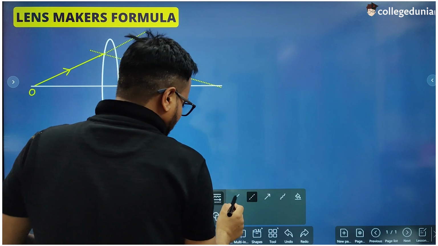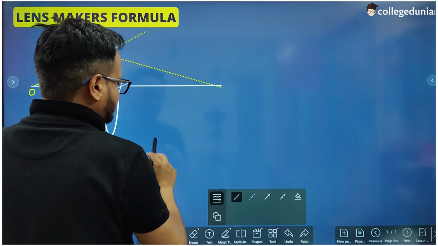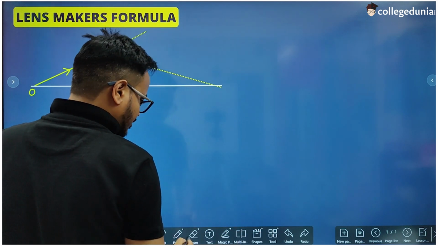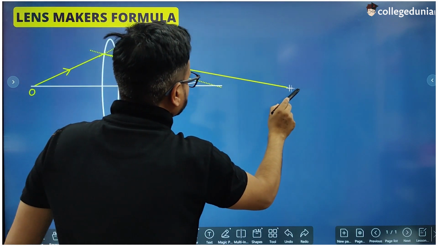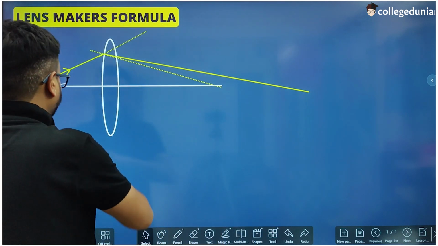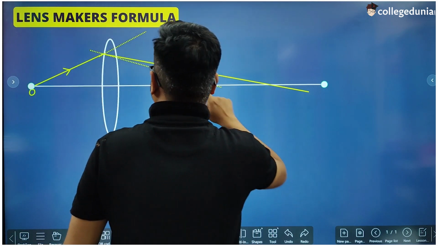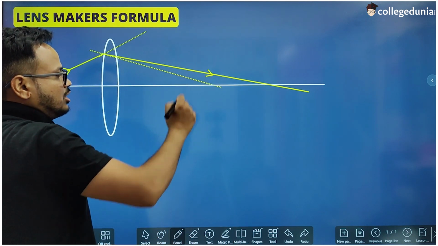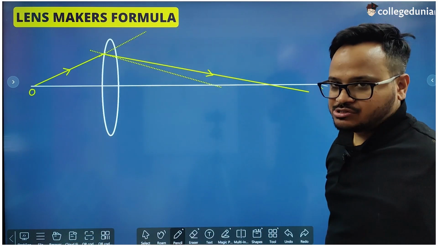Now this ray will bend towards the normal and it will go like this. Okay, let's extend this principal axis first. So it will go like this, but it would have gone like this if there was no second surface, but the second surface is also there.